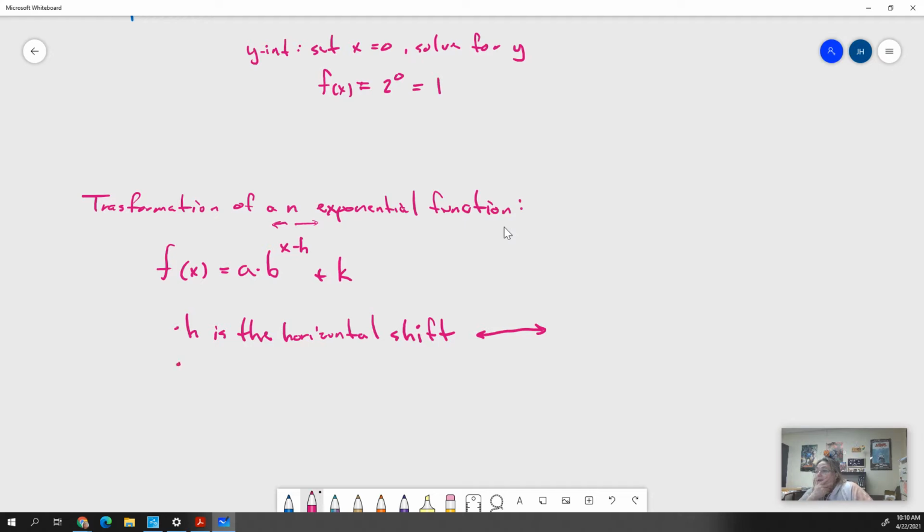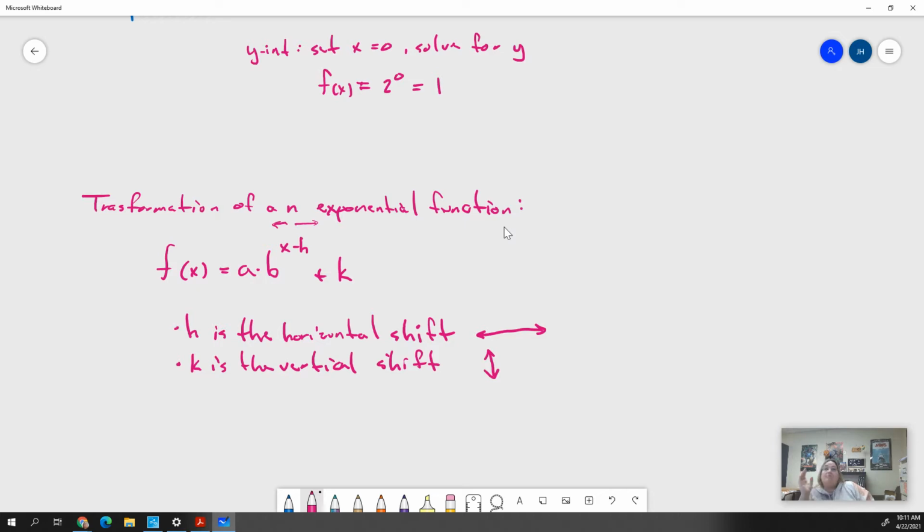Our k is the vertical shift. It is our up and down shift. It moves up or down. So think about that. If something is happening up here, it's happening to h. It's going to change how we graph it from left to right.